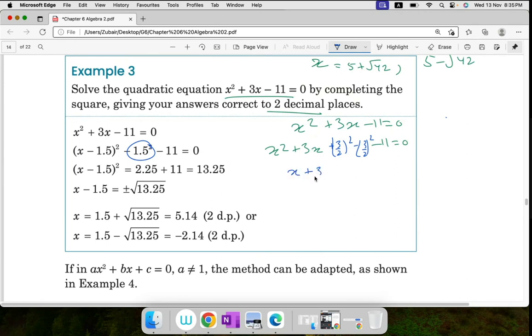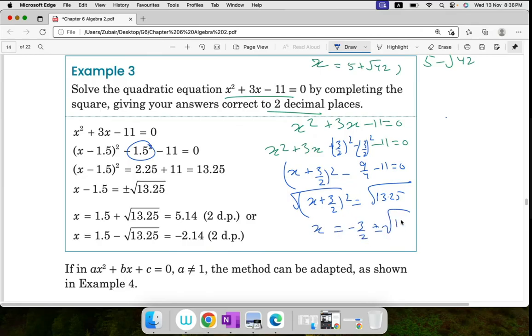That is x plus 3 by 2 whole squared minus 9 by 4 minus 11 equals 0. Using the calculator, 9 divided by 4 plus 11 is 13.25. So x plus 3 by 2 whole squared equals, on the other side, 13.25. Square root both sides. So x equals minus 3 by 2 plus or minus square root 13.25.